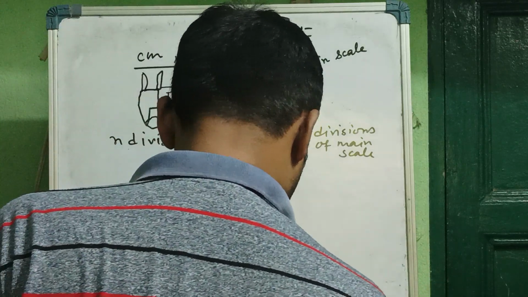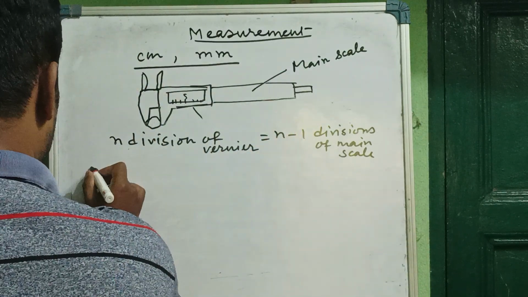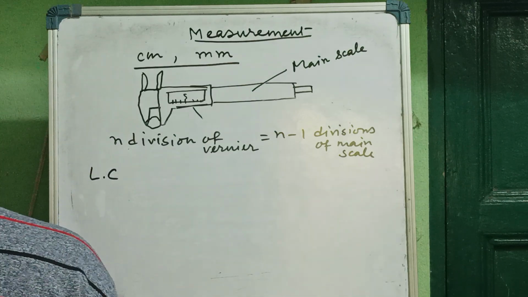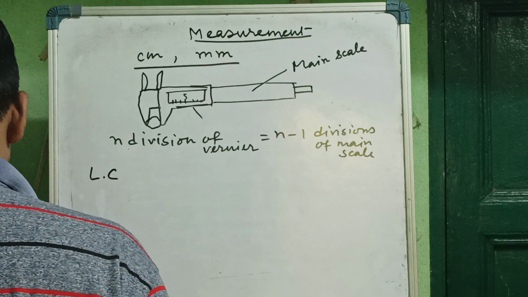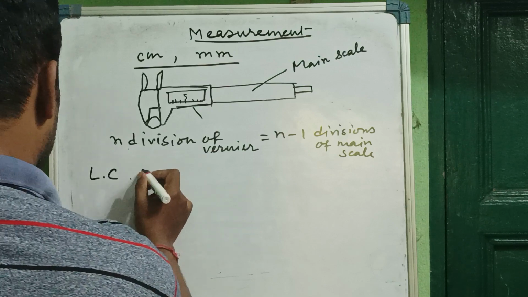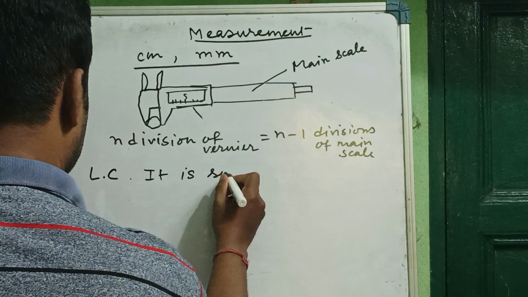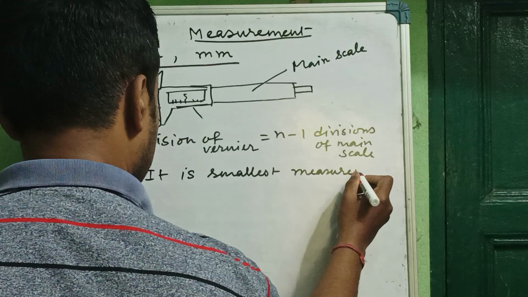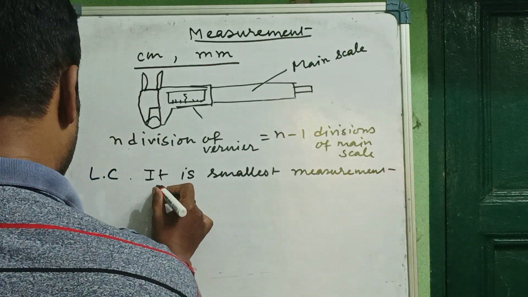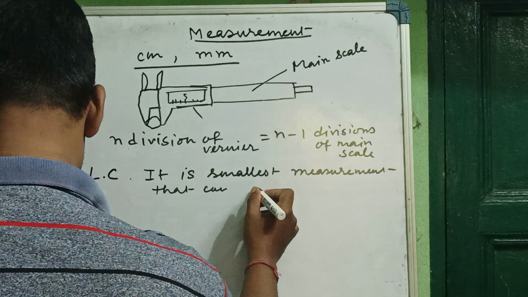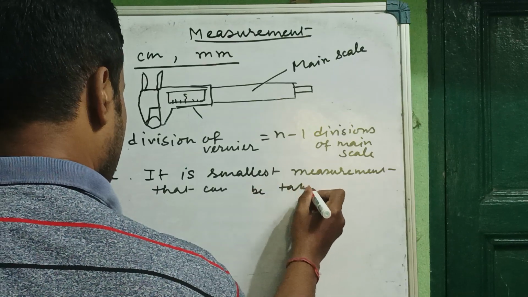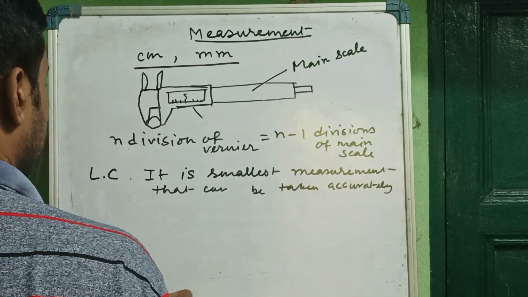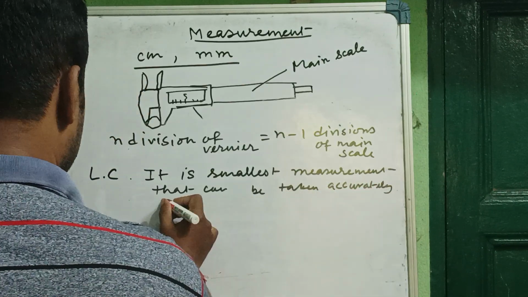Now the least count. It is the smallest measurement that can be taken accurately with it.